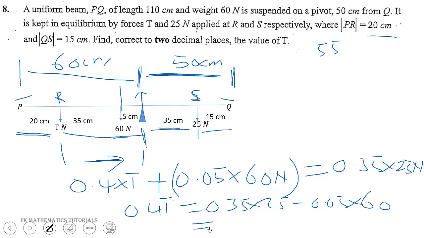So this will give us 5.75. So 0.4T equals 5.75. Dividing both sides by 0.4, we get T to be equal to 14.38 newtons.